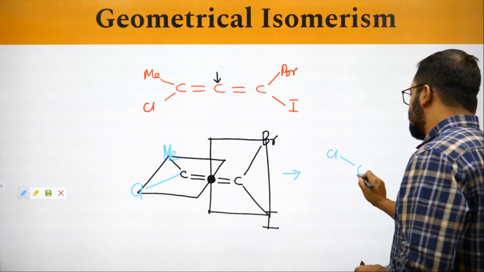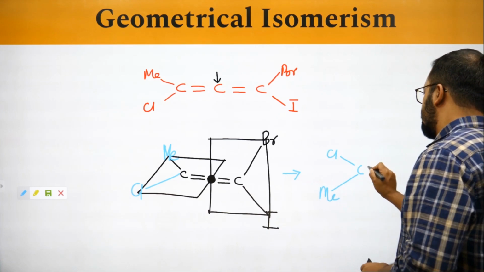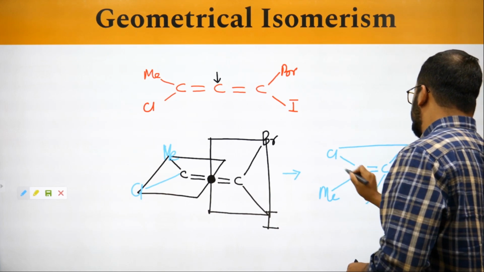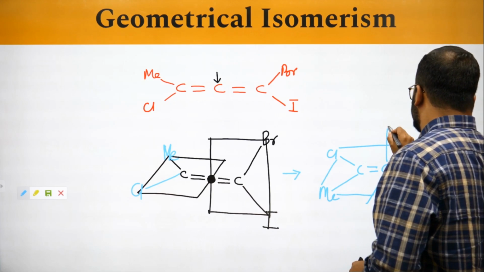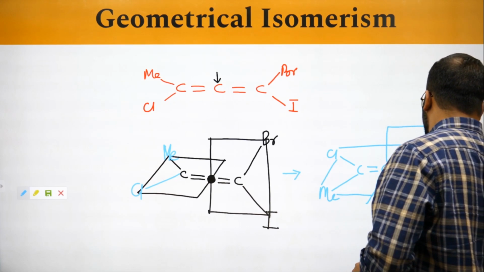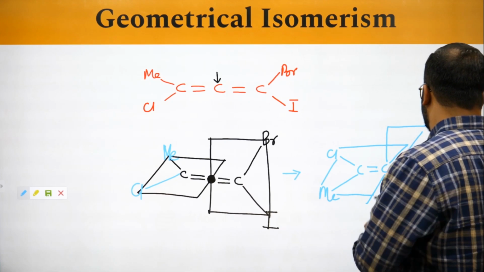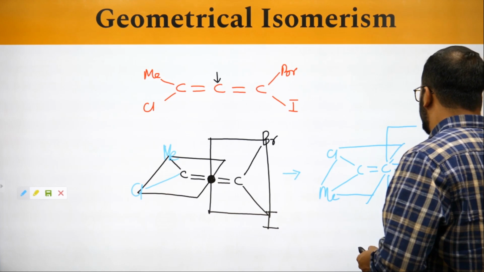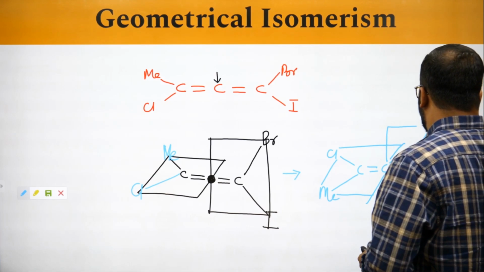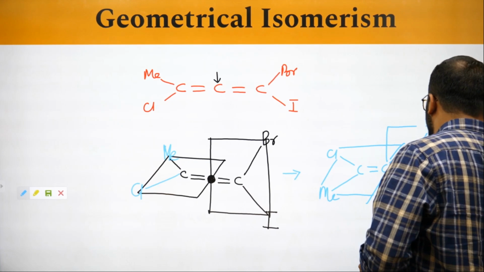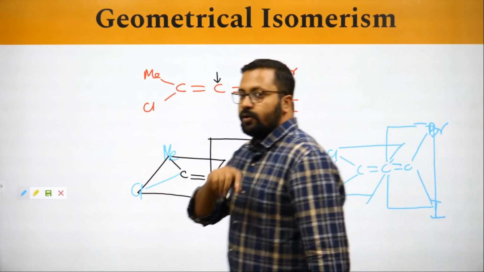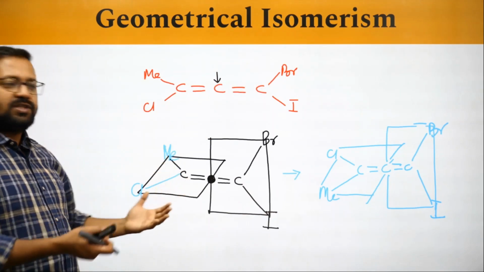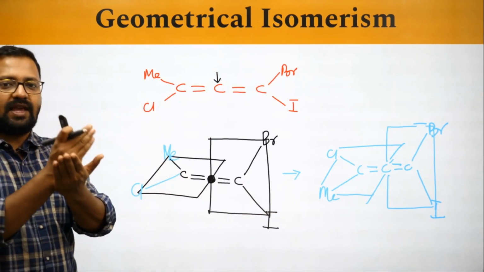Cl, C, Me, double bond C, Br, I. Now what has happened is, though chlorine has moved on the other side, there is no visible difference because they are not present in the same plane.